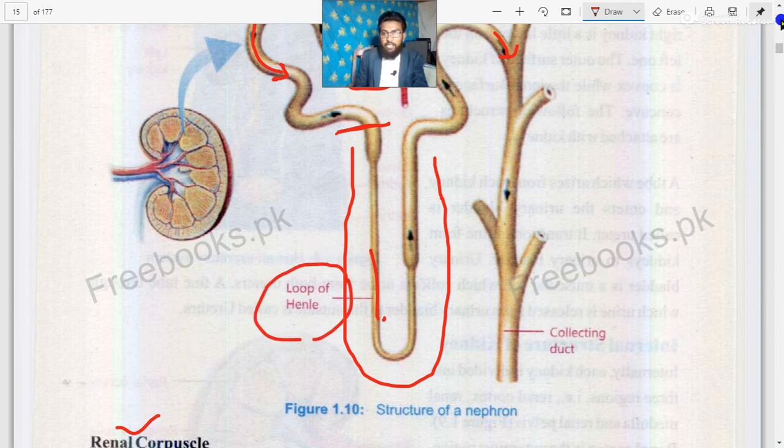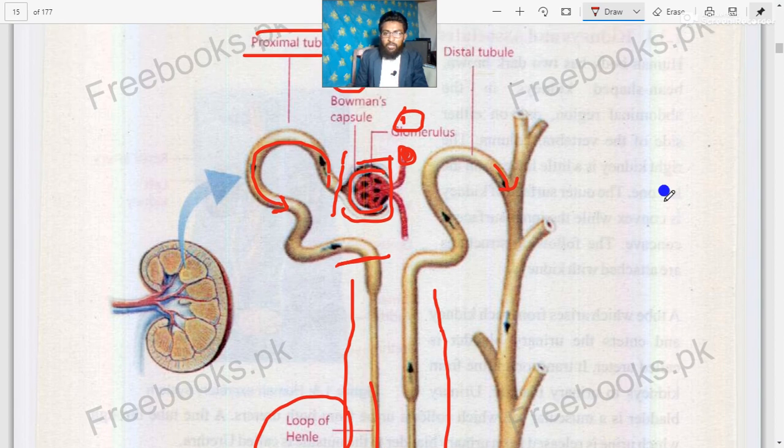The loop of Henle ends here. Now from here onward it is the last coiled part, and this is known as distal tubule.